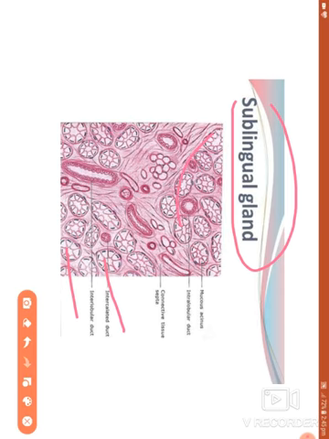This is one lobule, and this is the other, separated by interlobular connective tissue. There you can see the interlobular ducts, some adipose tissue, arteries and veins. Here you can see the intralobular ducts inside the lobules. So the sublingual salivary gland consists of predominantly mucous acini.